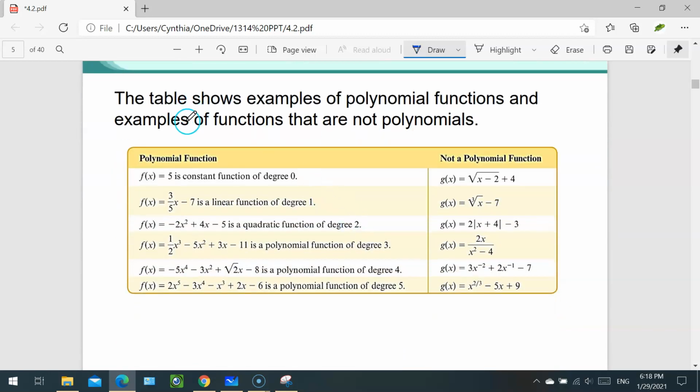Now we look at the examples. The table here shows examples of polynomial functions. On the left hand side, all the functions are polynomials. On the other side, they are not.